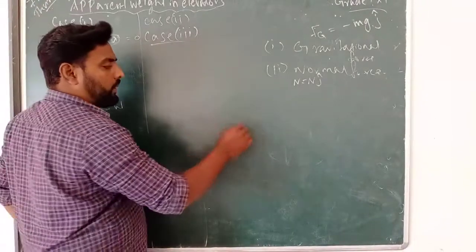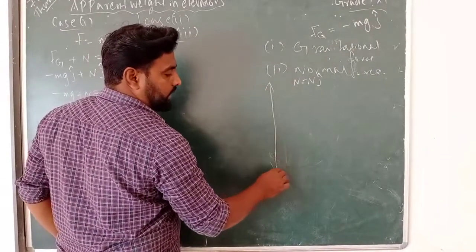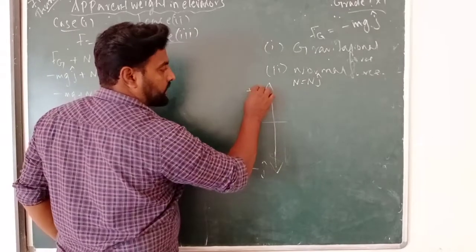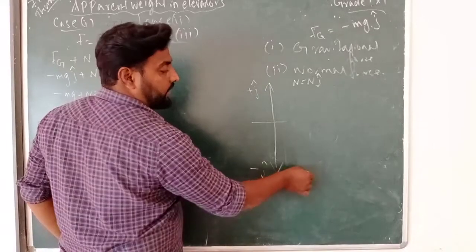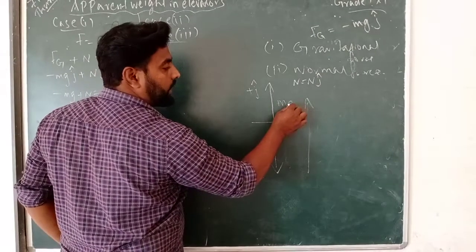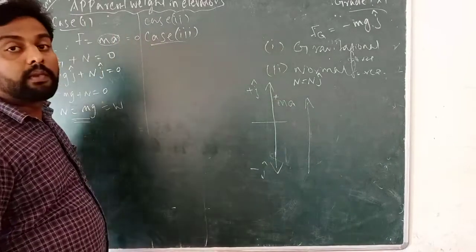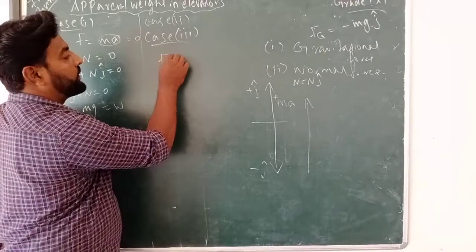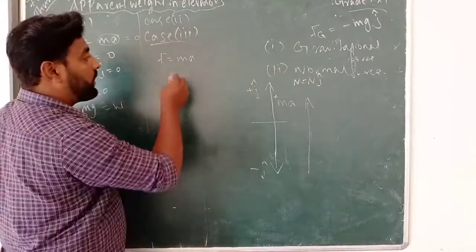Downward is the minus j vector and upward is the plus j vector, so the elevator accelerating upward means ma is plus. Applying Newton's second law, F is equal to ma, there is an acceleration, accelerating upward.